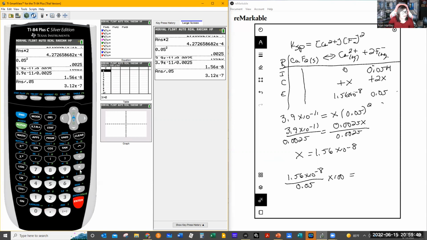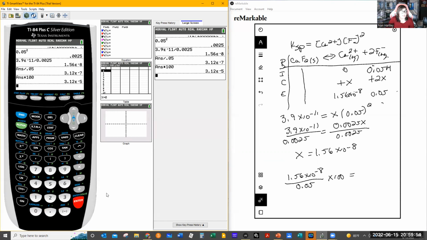That is nowhere near 5%. So if it's lower than 5%, that is a valid thing for me to do. And my assumption that x is small comparative to the 0.05 is actually true. So that was a valid assumption for me to make. And yay, I have verified that.